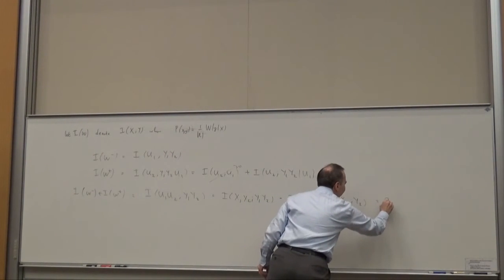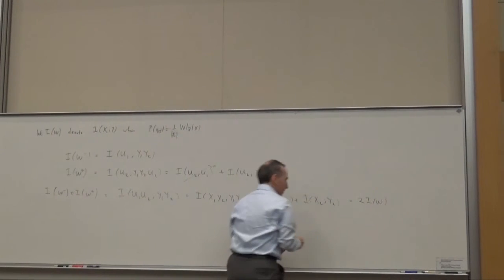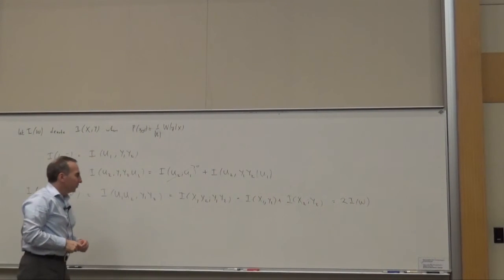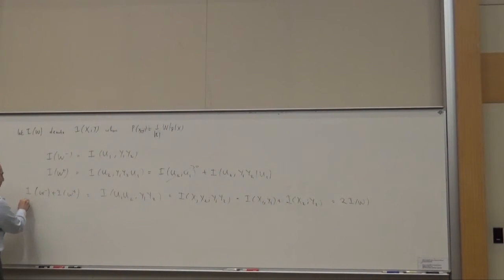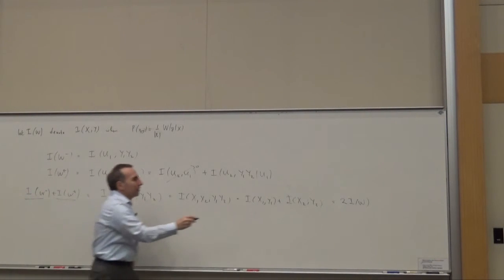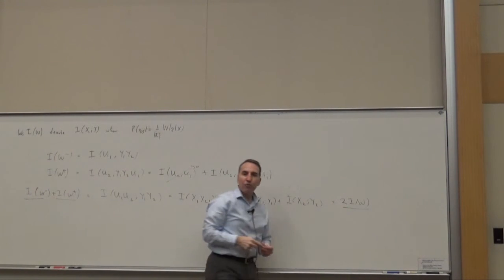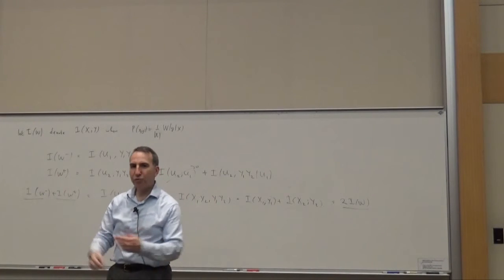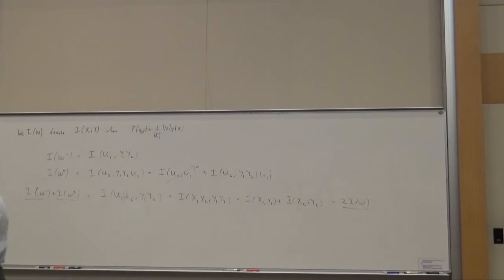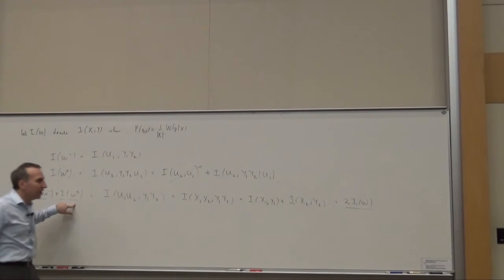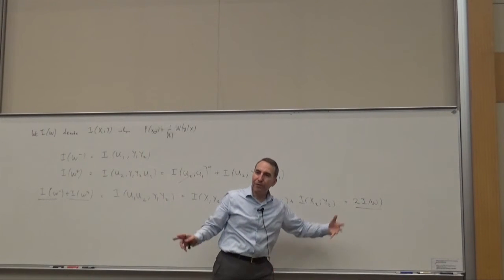Equal to 2 I(W). So to see the following thing, this transformation that we have preserves the mutual information. I consume 2 copies of W to synthesize 1 copy each of W minus and W plus. But the mutual information of W minus and W plus that I created are exactly the same as the one that I have consumed.